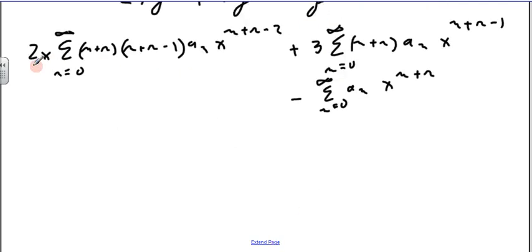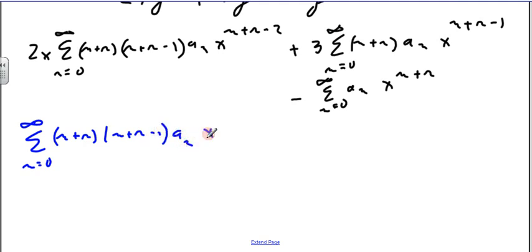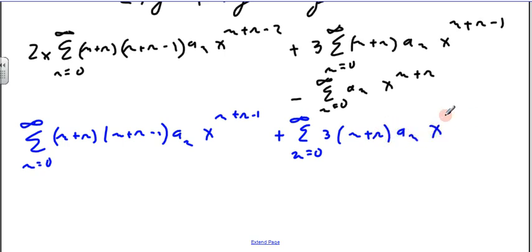Okay, we're going to bring in the 2x: summation n equals 0 to infinity n plus r, n plus r minus 1, a n x to the n plus r minus 1, plus summation n equals 0 to infinity 3 n plus r a n x to the n plus r minus 1, minus summation n equals 0 to infinity a n x to the n plus r is equal to 0.